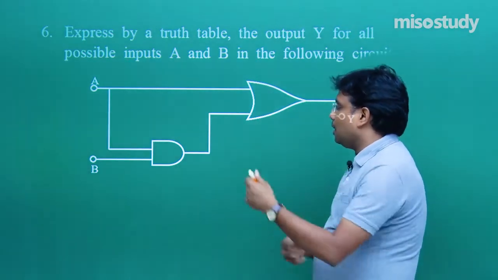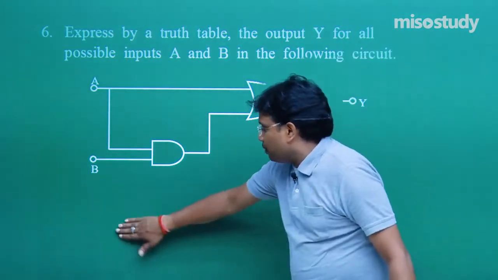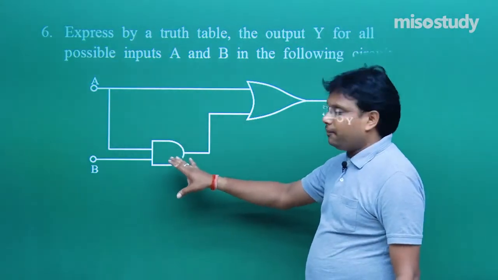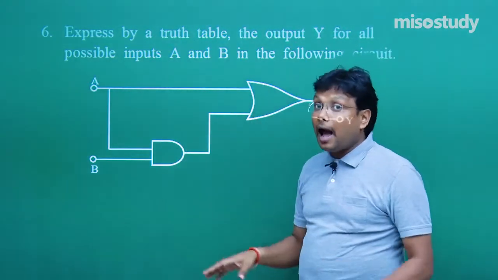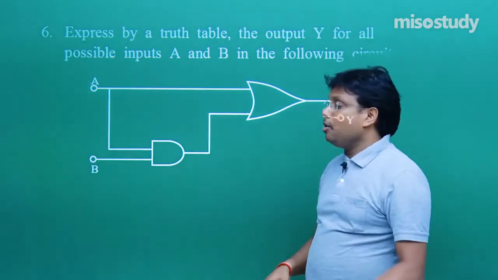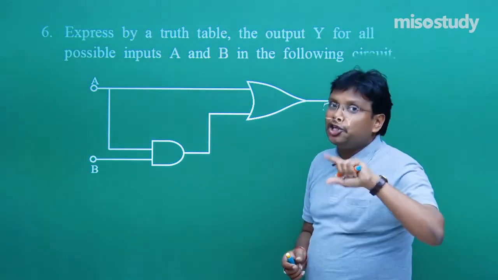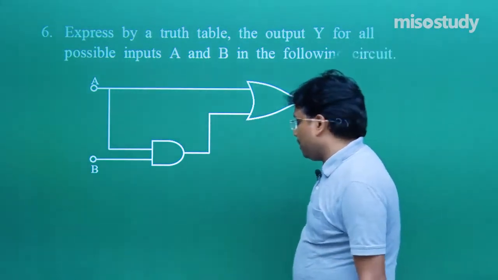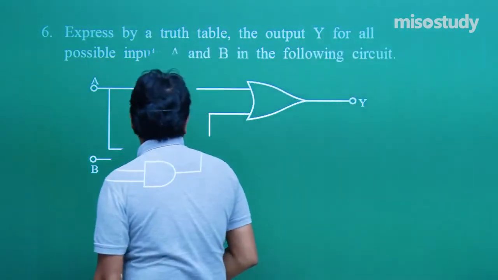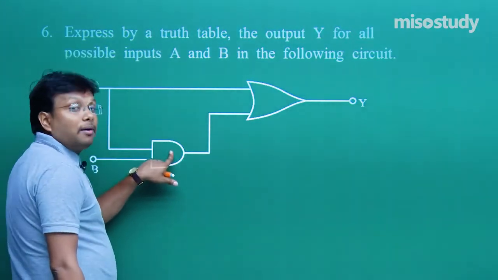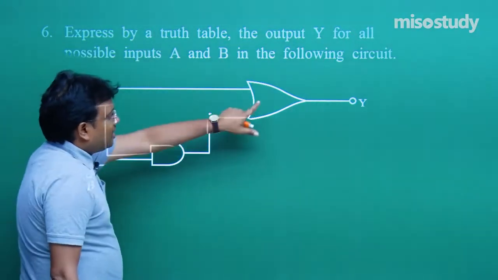Now, first about these types of questions, what should be your first approach? Start giving numbers to the various logic gates, and also first you have to identify which one is which gate. Say for example, over here in this particular question, this is an AND gate. AND gate means multiplication. This is an OR gate.